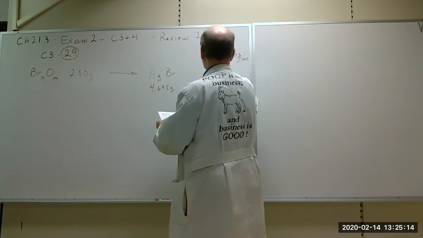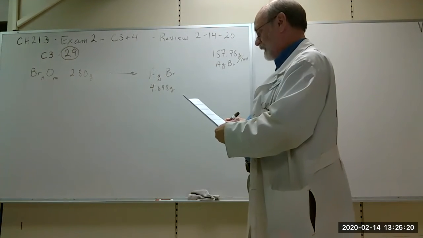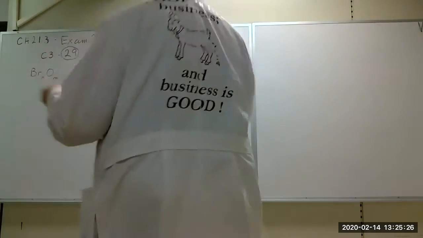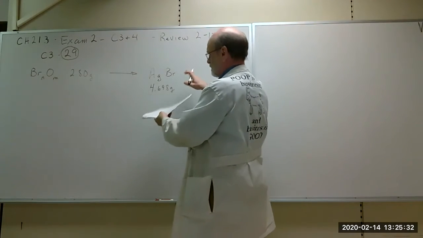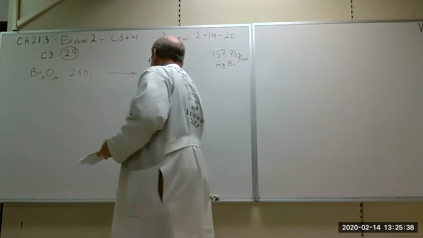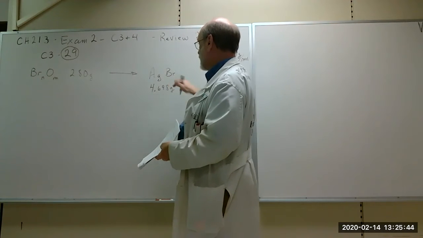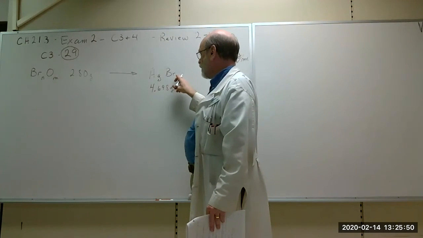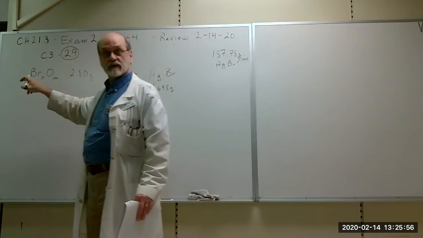This is silver bromide. All right, we're not given the stoichiometry of the problem. We don't know if there are any coefficients here. So we're going to have to work from the mass numbers and the formulas that were given. If we have 4.698 grams of silver bromide, I'm thinking the best way to approach this is: how many moles of bromide does that represent? Because it's the same moles of bromine there as it is here.